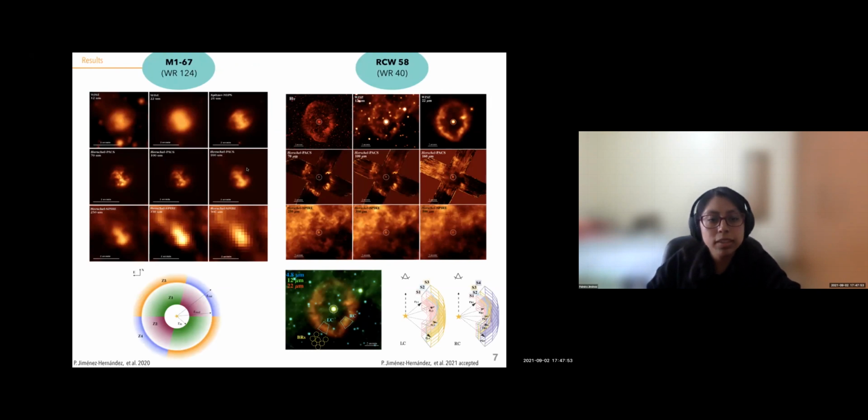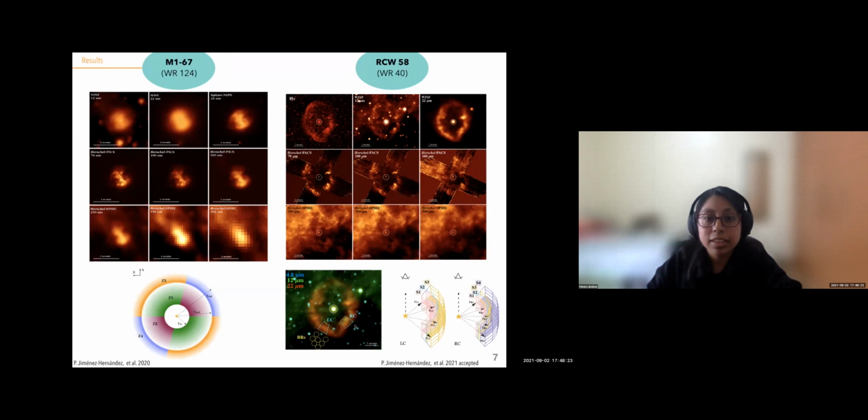In the case of M1-67, you can see the bipolar shape and the clumpy structure. In the case of RCW 58, you can see that the observations show extended infrared emission. This hampers a global study of the nebula. Then we select 2 representative clumps of the global properties, the LC and RC clumps.